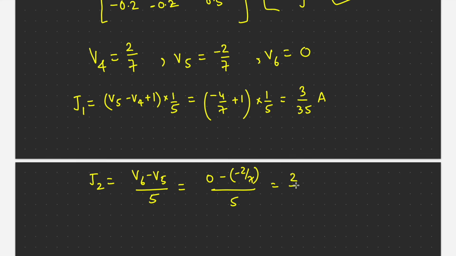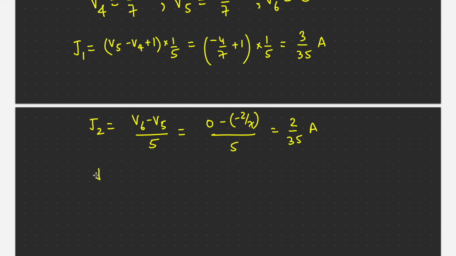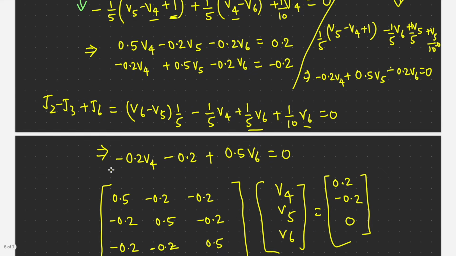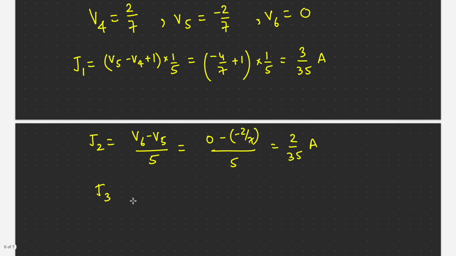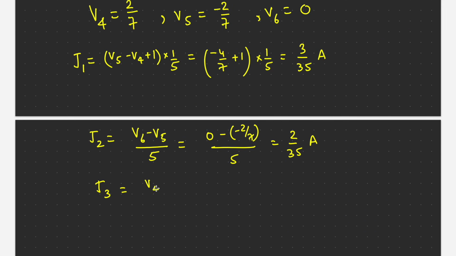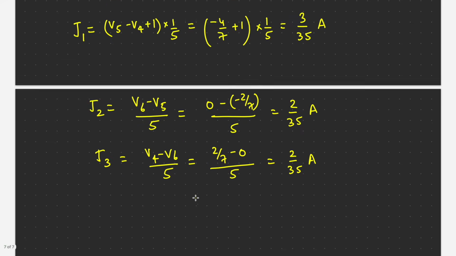So it is 2 by 35 amps. Then the branch current in 3 will be equal to V4 minus V6 divided by 5, where V4 is 2 by 7 and V6 is 0, divided by 5. So this is also 2 by 35 amps.